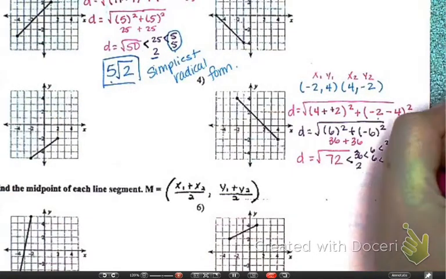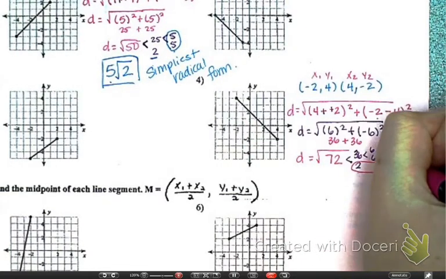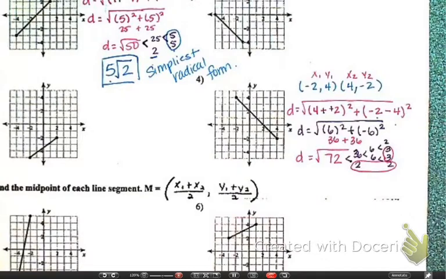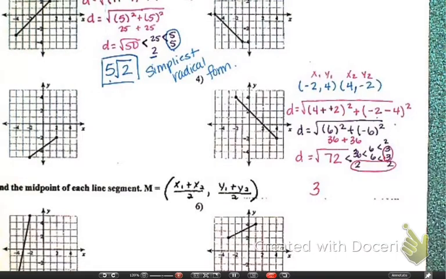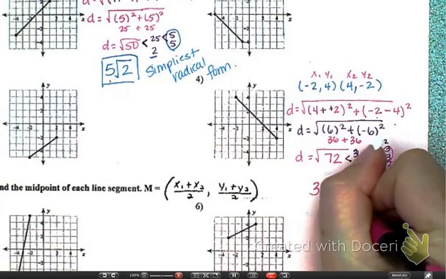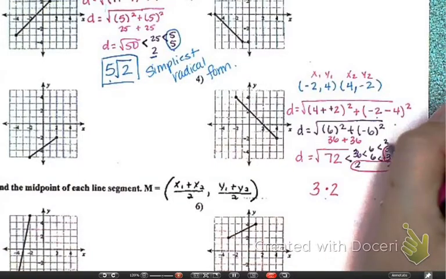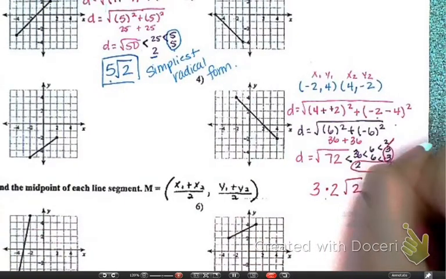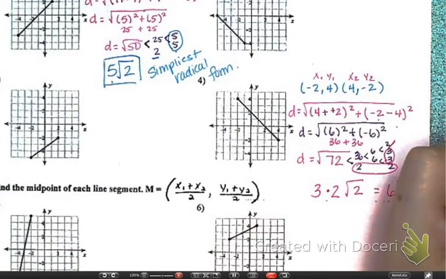I see a pair of 2s and a pair of 3s. Okay? Just like before, if they are a pair, they're leaving. So the 3s are going on a date. The 2s are going on a date, and you're going to multiply those together. Whatever's left over stays inside. 3 times 2 is 6, radical 2.